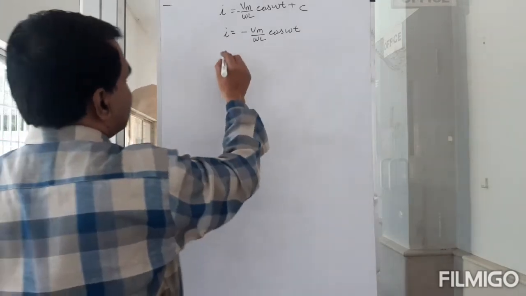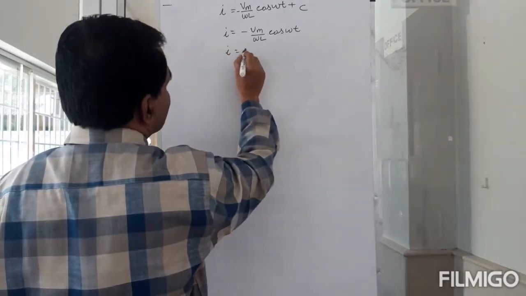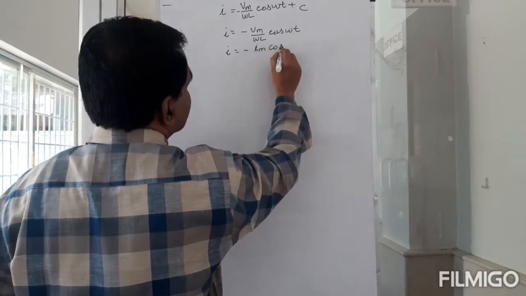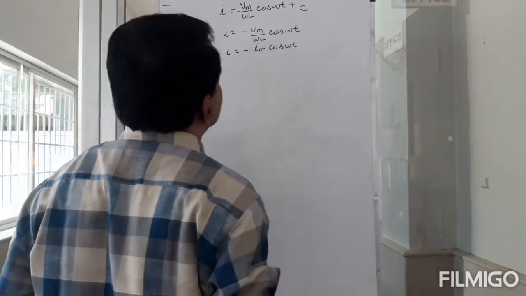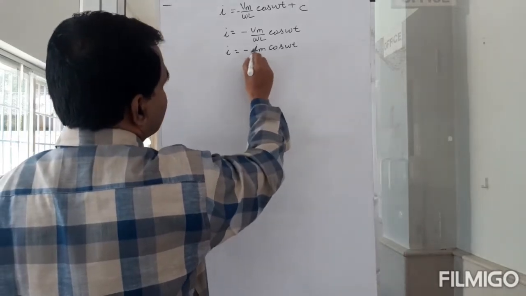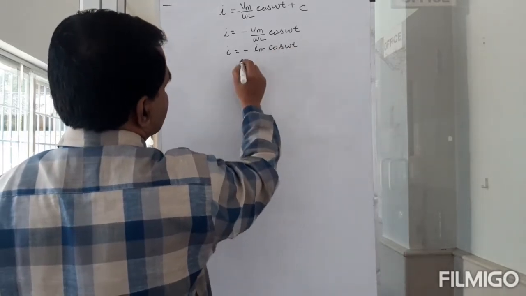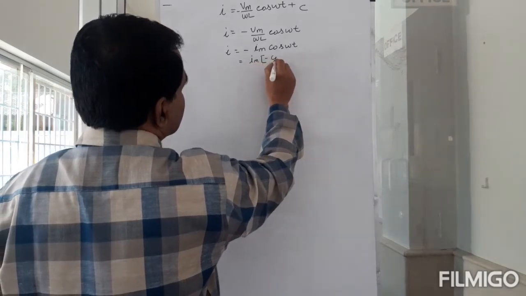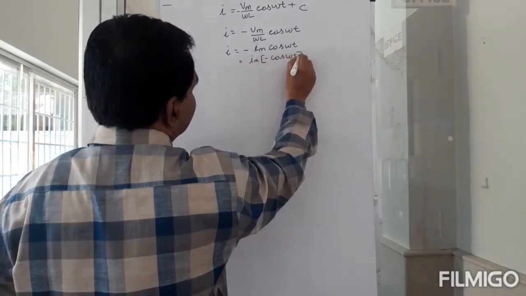Okay, and we also said that this I is equal to minus Im cos omega t. Notice I want to handle this minus cos omega t. So I take this Im and then minus cos omega t.